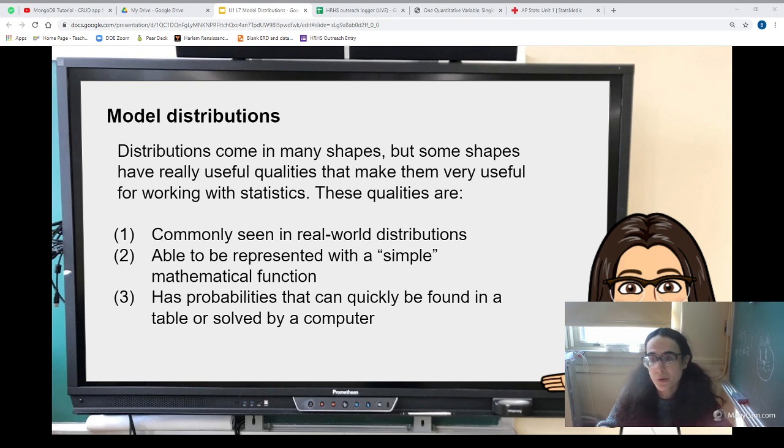We don't have to go through the process of collecting a ton of data. Another side benefit is that anything generated from a mathematical function is very knowable, and it is workable by a computer. If we have the function, we give it a little bit of information and a computer can generate this distribution for us.